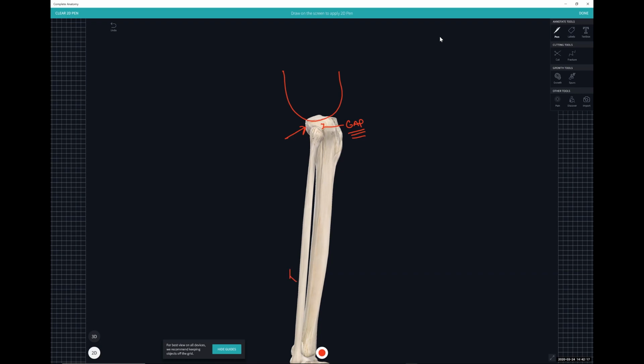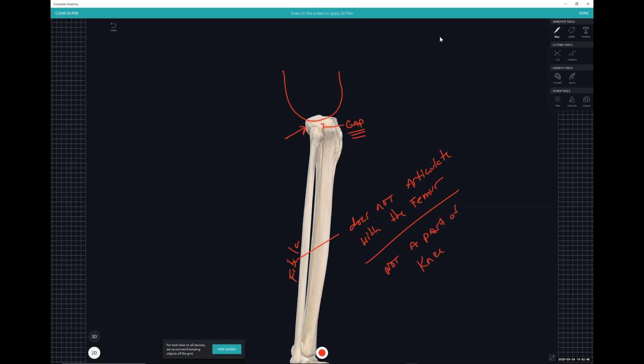So the fibula does not articulate. Remember, articulate means to touch with the femur. And if they don't touch, not a part of the joint.